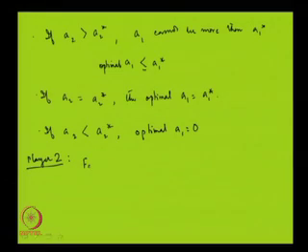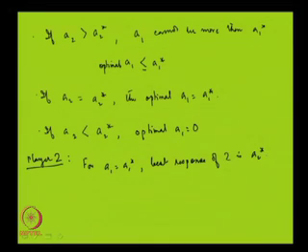Now, for A1 equal to A1 star, the best response I know is A2 star, that has been established. So, the only thing I have to look at is that if A1 is less than A1 star, then what should be the best action of player 2?